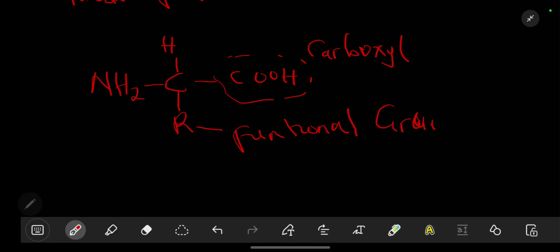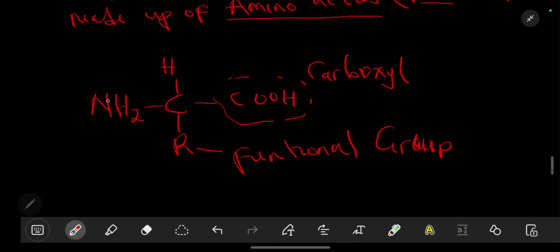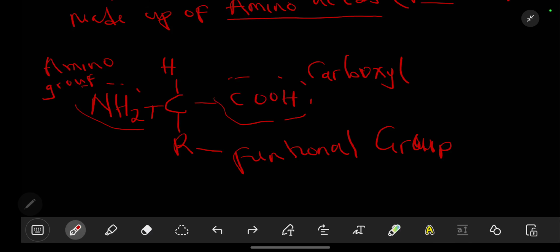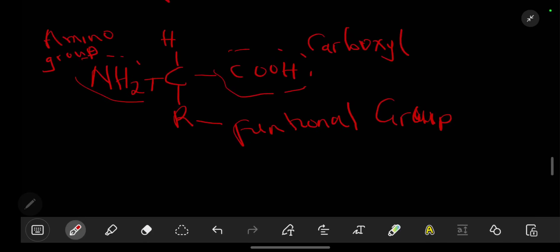Now, this one is what we call our amino group, not amino acid, but amino group. So this is basically the general structure of an amino acid.